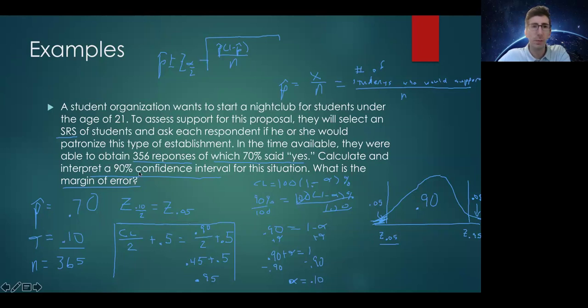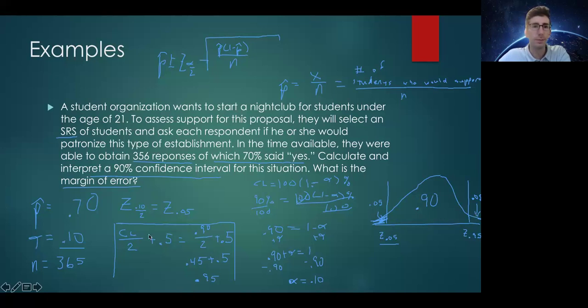Notice this is a 90% confidence interval, so it's going to have a different z cutoff than the 95% example we looked at in the last video. When we had 95% area under the curve in between our interval, we were left with only 0.025 area under the curve to the left. So that line would have been pushed out a little farther to the left, with half of the area only 0.025 under the curve instead of 0.05.